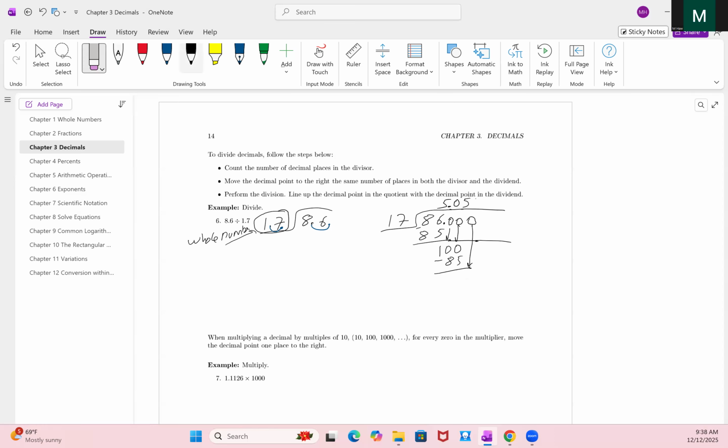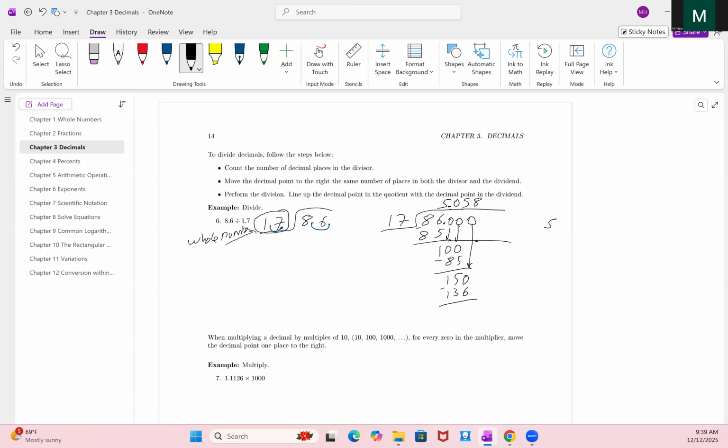So it does go more than 7 times. How many times would it go? Let's say 8 times. 8 times 7 is 56, 6, carry over 5. 8 times 1 is 8, 8 plus 5 is 13.